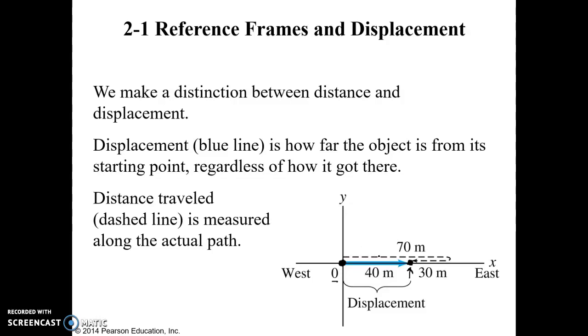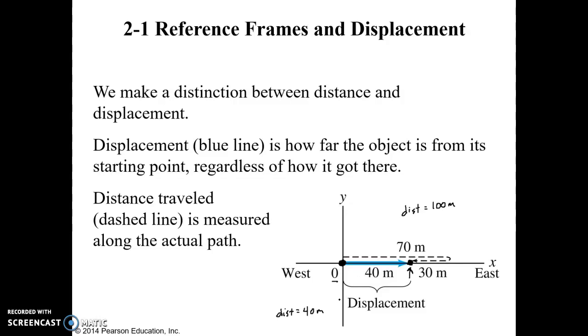But given the two different lines, a different distance has been traveled. In the first case, we traveled 70 meters and then 30 additional meters, so the distance for the dashed line is 100 meters. For the blue line, the distance traveled is simply 40 meters.